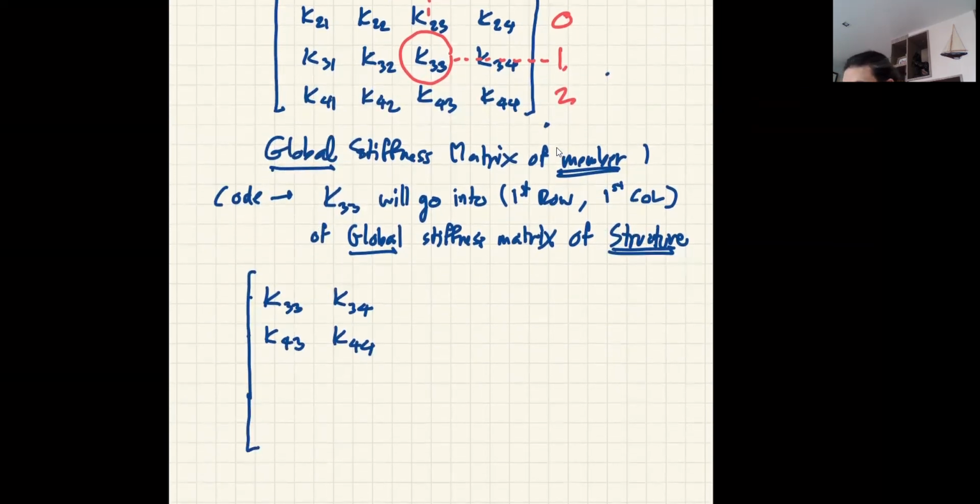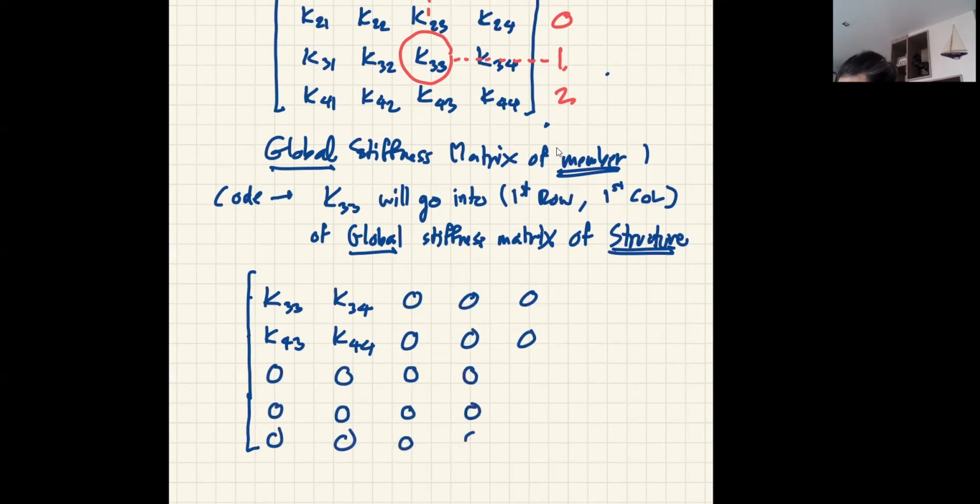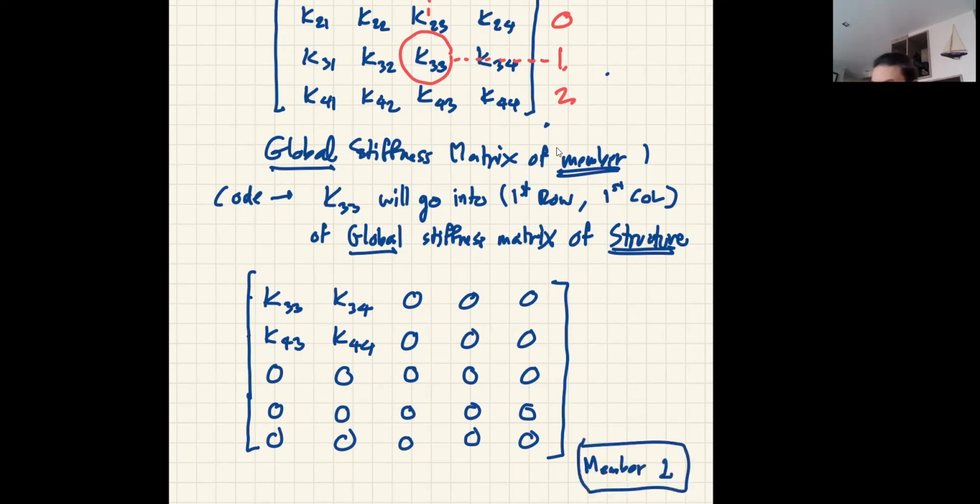And the third, fourth, and fifth columns of the first and second rows have no contribution according to the code, so they become 0. And then the rest. This is just from the first member, member 1. Any question?